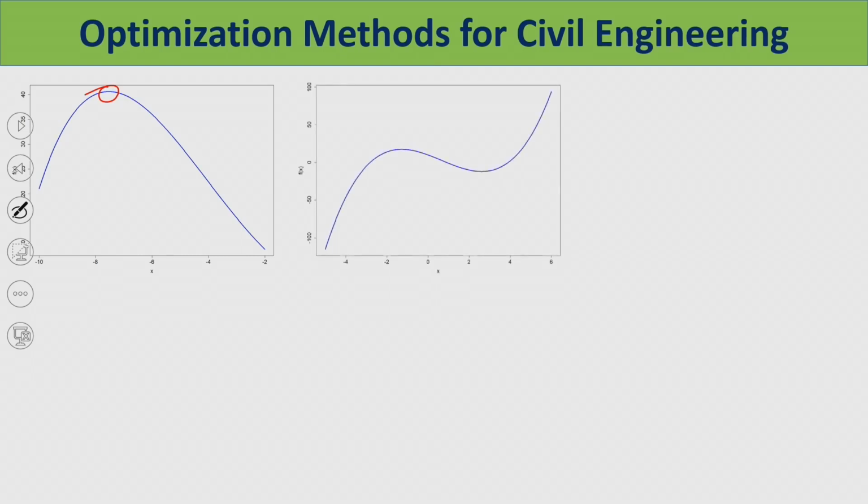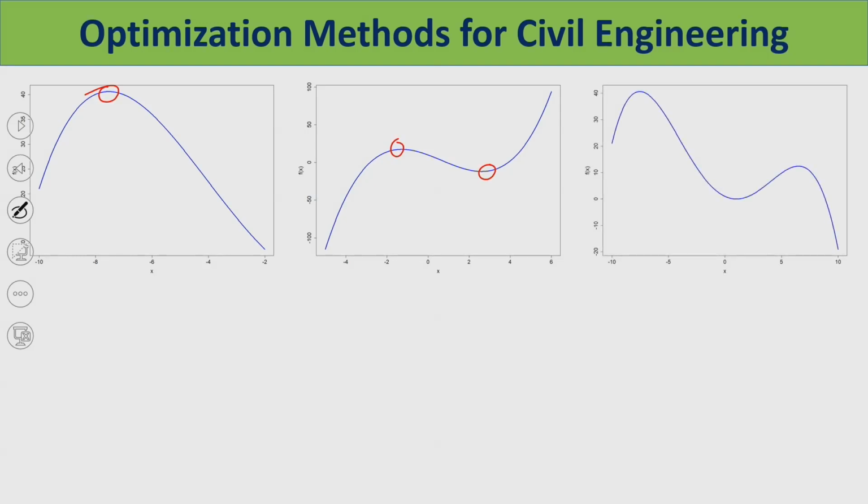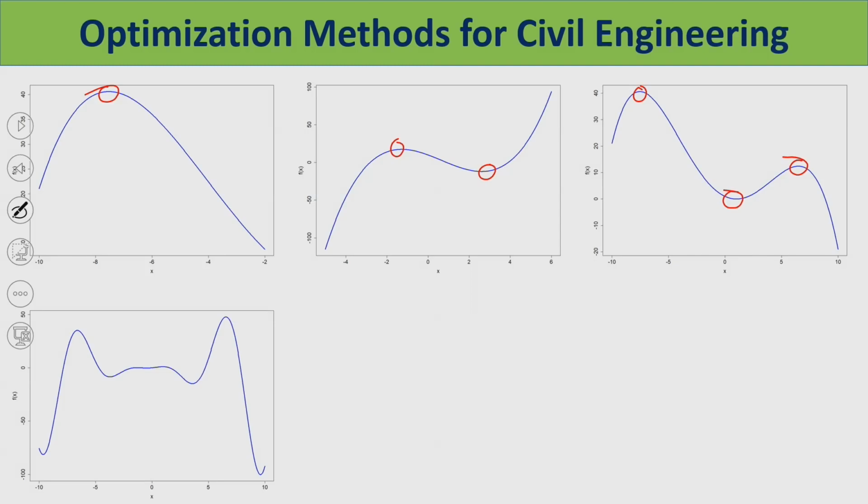Similarly, for this function I have a maximum point and a minimum point, and I can apply optimization to find the maximum and minimum of this function, and this is an optimization problem.